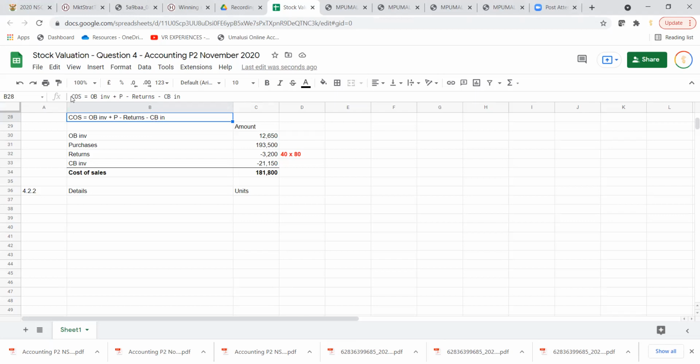And the nice thing about the cost of sales formula, you can calculate cost of sales in rands or in units. You can calculate opening inventory in rands or in units. You can calculate purchases in rands or in units. You can calculate returns in rands or in units. You can calculate closing balance in rands or in units. Does not matter. Okay.